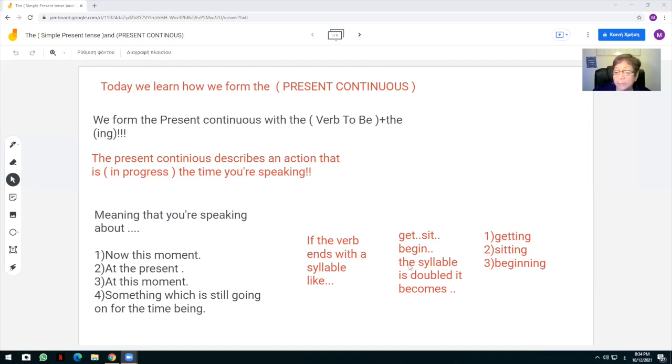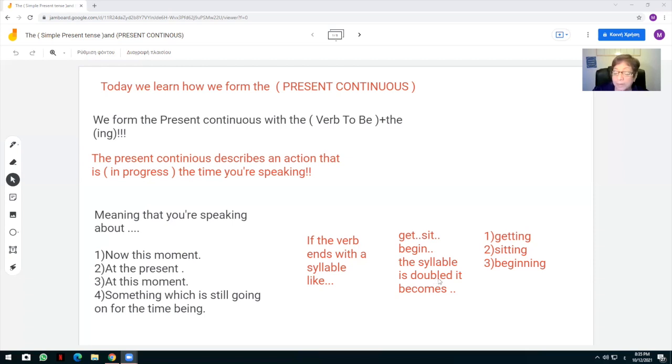So when the verb ends in a syllable, the syllable is doubled. The last letter here, T, N, T, is doubled.